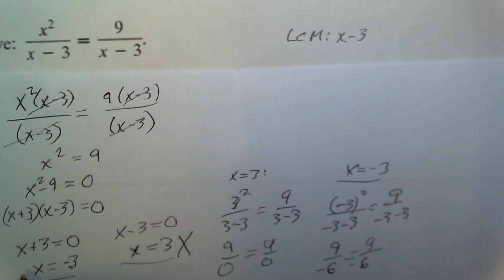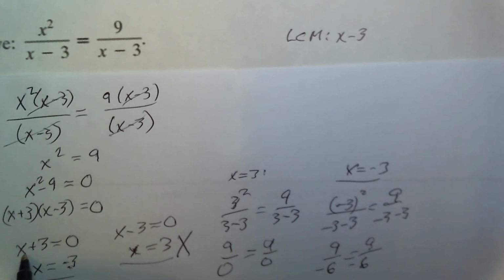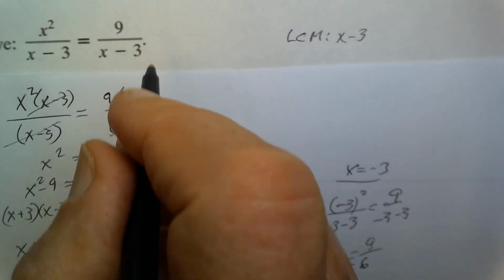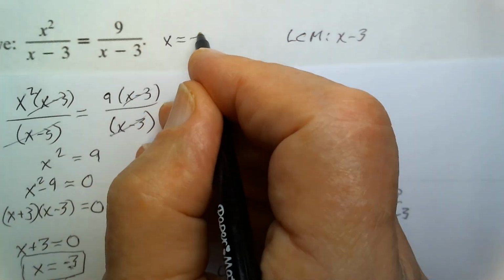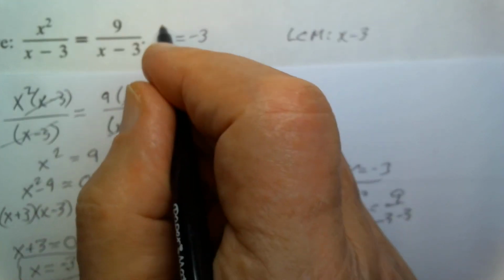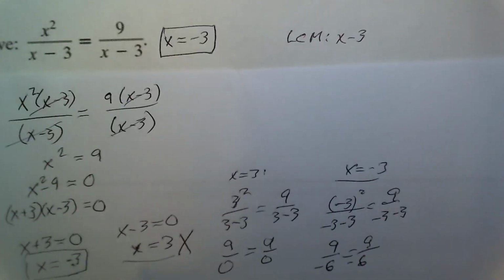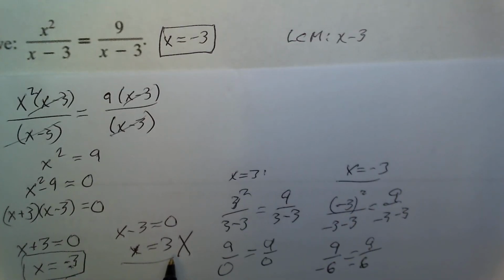So the only solution we have here is x equals negative 3. So in this case, we only had one solution, this one here. The other one is not a solution.